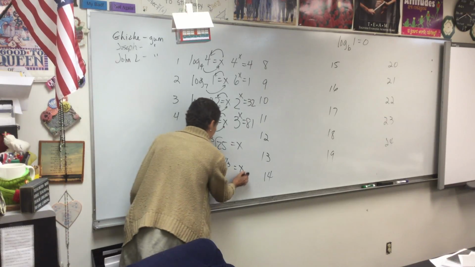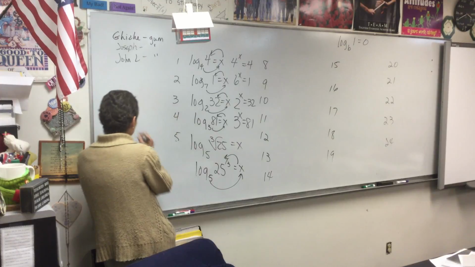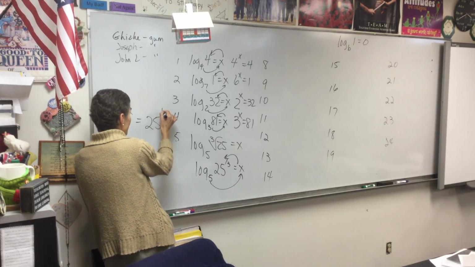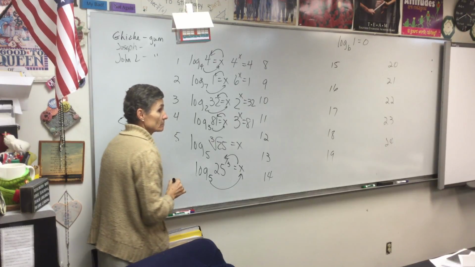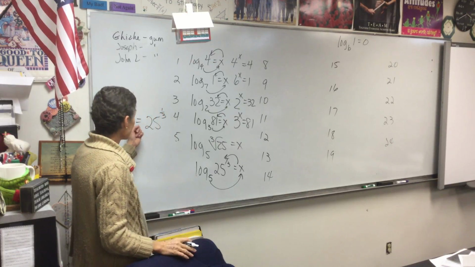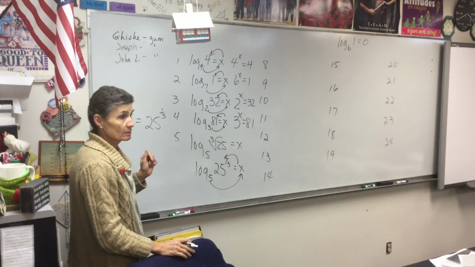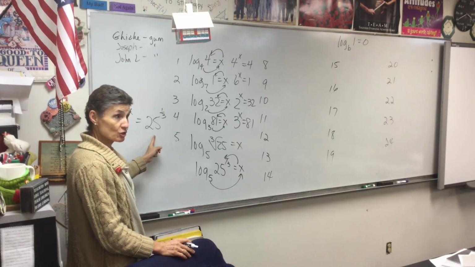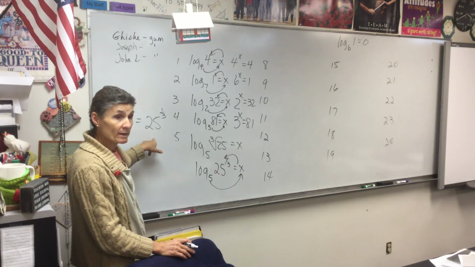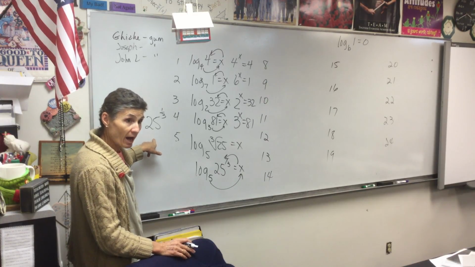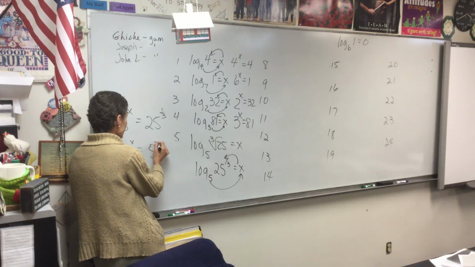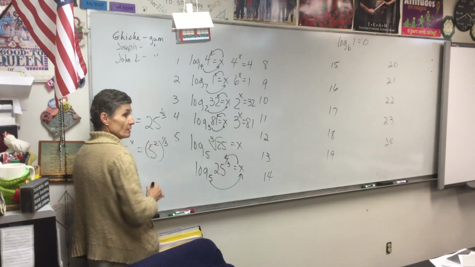Now translate this for me. 5 to the x equals 25 to the 1/3. Now don't say x equals 1/3 because these don't match yet, do they? But can we make them match? Yes, because 25 is 5 squared. So 5 to the x equals 5 squared to the 1/3.